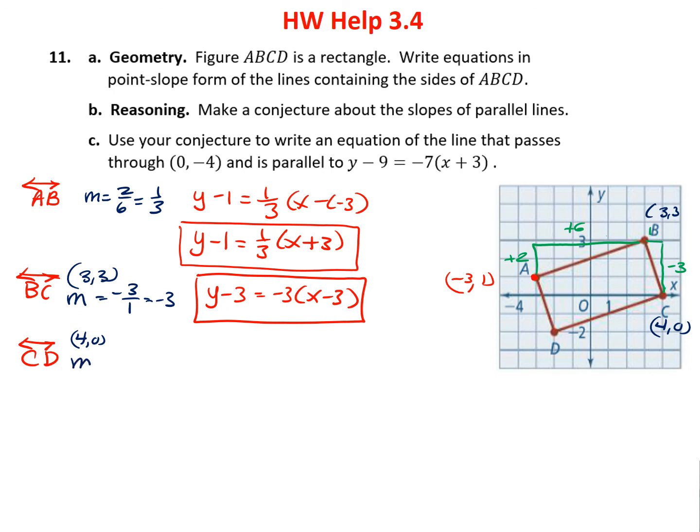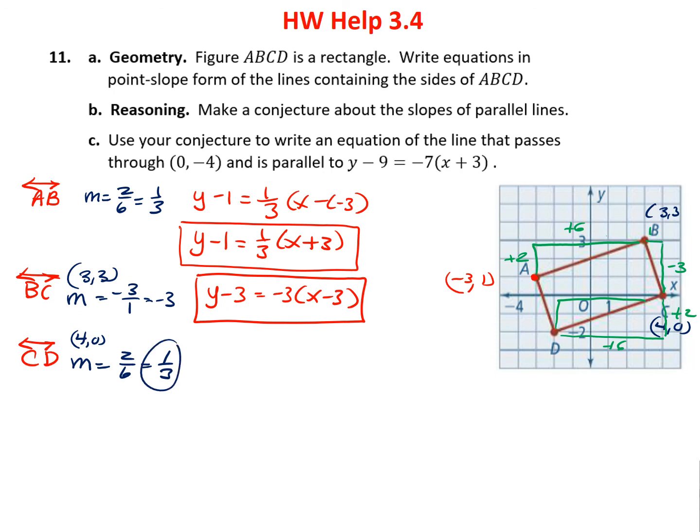Now look at my slope on this one. It goes from here to here. It goes up 2 and over 1, 2, 3, 4, 5, 6. So my slope ends up being 2 over 6, or 1/3.